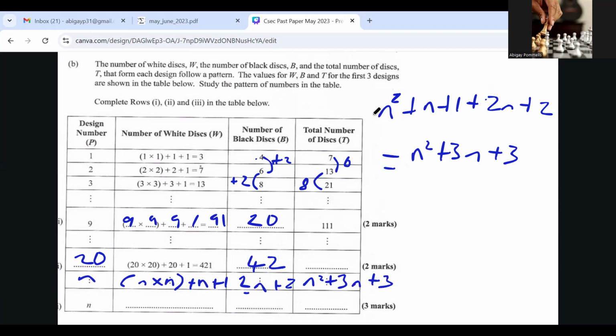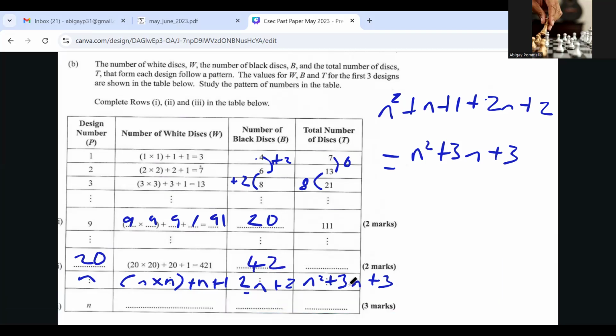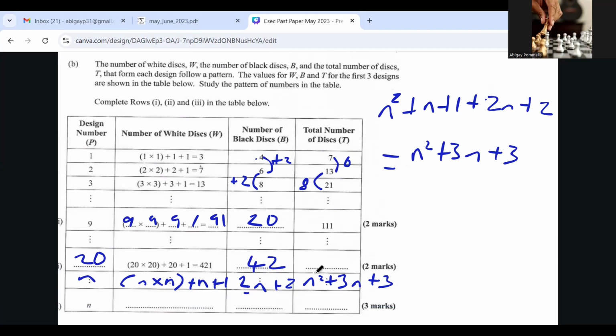All right, so let us check if that is correct. So n is 1. So 1 squared is 1, plus 3, that is 4, plus 3, 7. Okay, so we got 7. So let's see if we can get 13. 2 squared is 4, plus 6 is 10, and plus 3, 13.